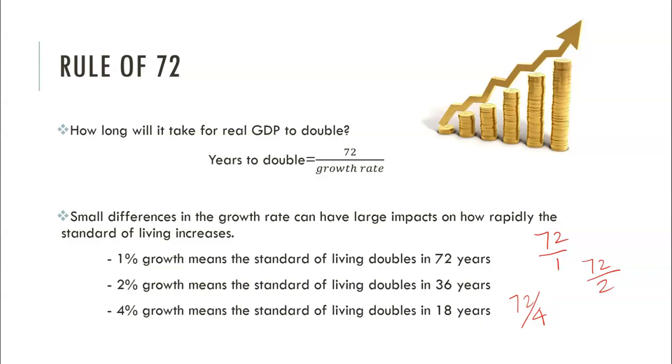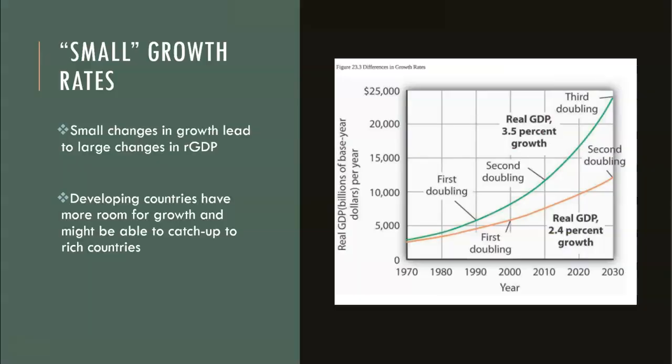We'll discuss some of the shortcomings of economic growth in another video. So small changes in growth rates have large changes in real GDP when you're looking over very long periods of time.